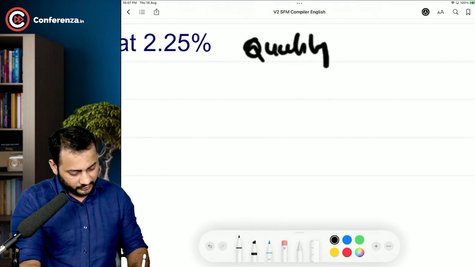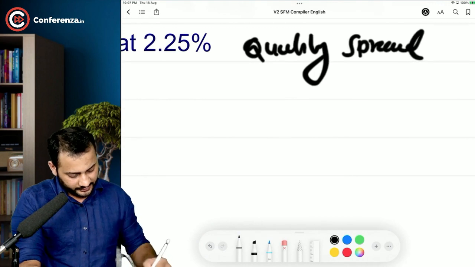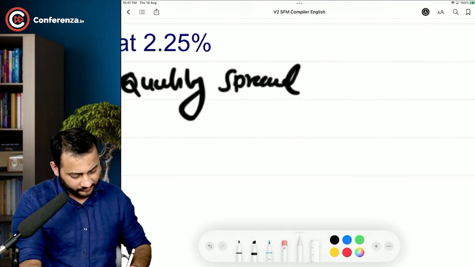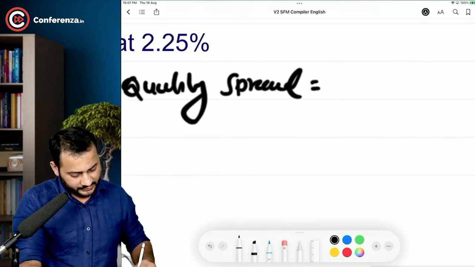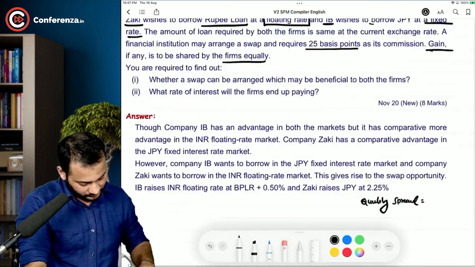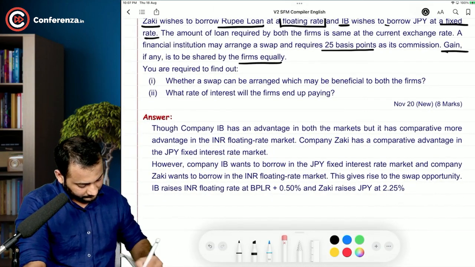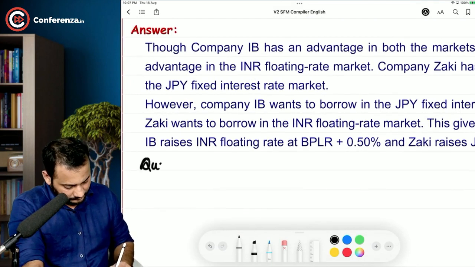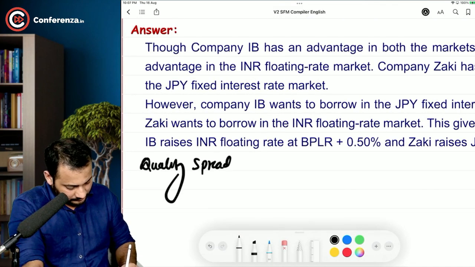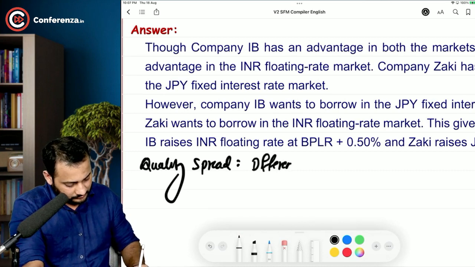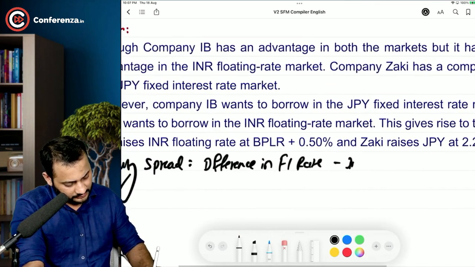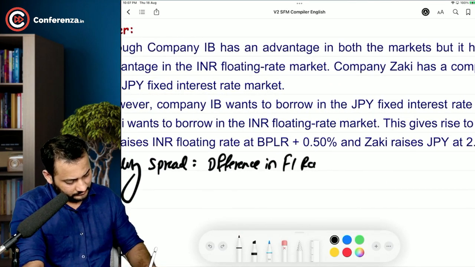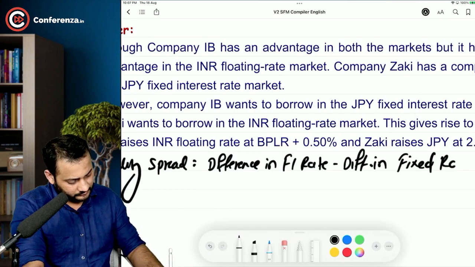So let me just write down. Quality spread. First of all, we will calculate quality spread, which is called the possible gain from the advantage from the swap agreement to both the companies. Quality spread is equal to difference in floating rate minus difference in fixed rate.